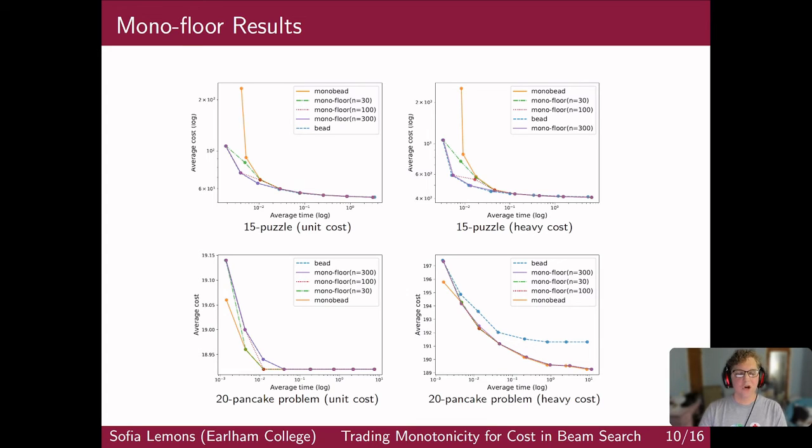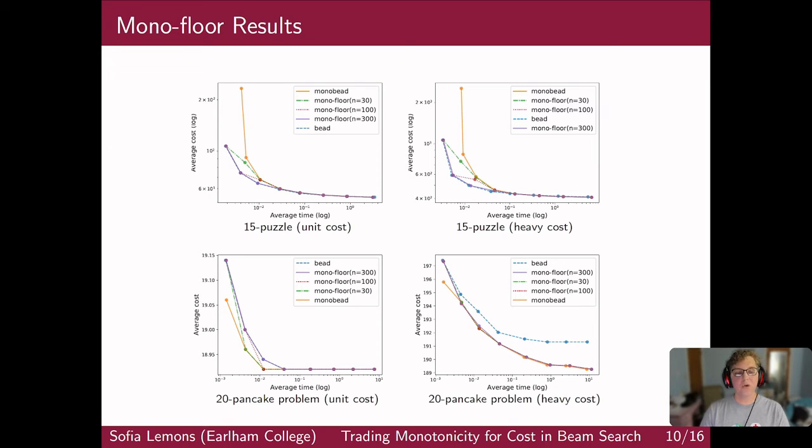The average cost versus time results for monofloor show the range of behavior which we would hope. That is, that monofloor's results tend to be in between that of monobead and bead.